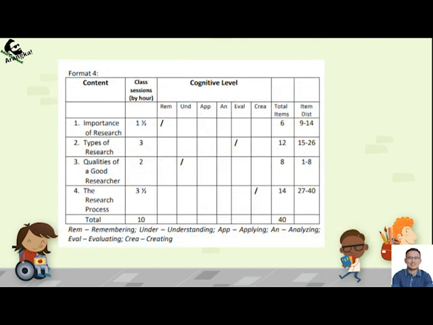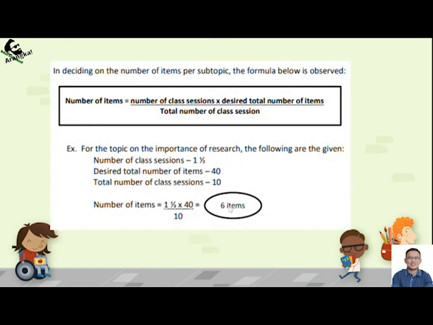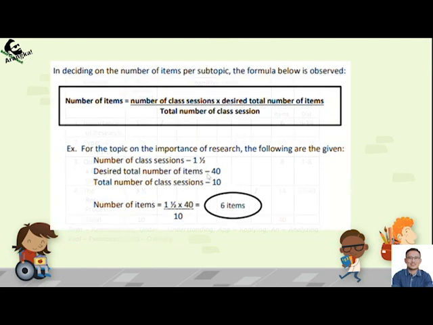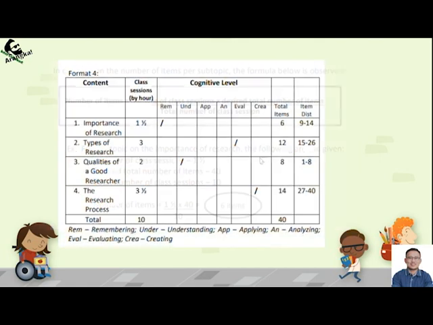So anom ka items ang iya nga i-prepare nga question sa importance of research nga nag-spend lang sang 1.5 hours. Right? We are going to use the same formula. We are just going to change the number of class session, which is 1.5 here. We are going to replace it by 3. Then we will get the result utilizing the same given, which the answer is 12.